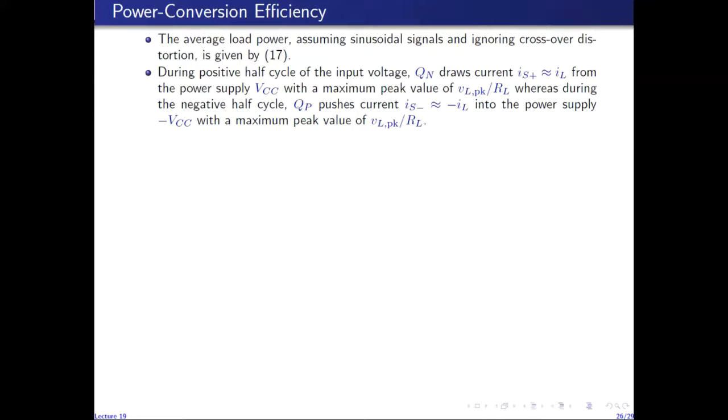Again, assuming that alpha of Qp is almost 1, the emitter current of Qp, which is minus IL, is almost equal to the collector current of Qp, which is IS negative, pushed into the power supply minus VCC. So again, IL has a negative maximum peak value, given by the negative peak of the load voltage divided by RL.